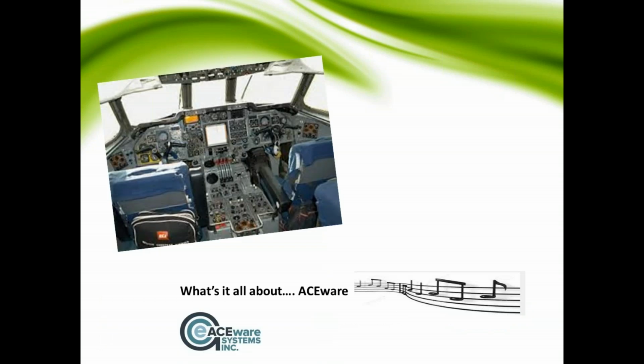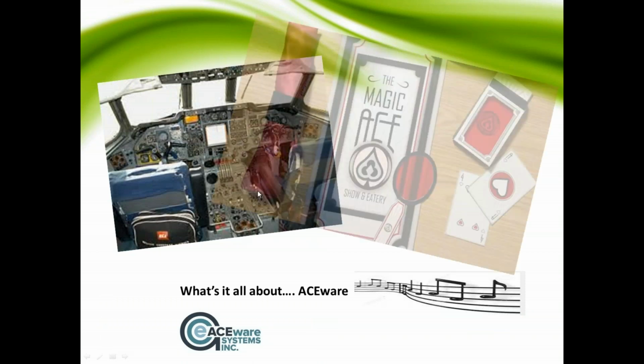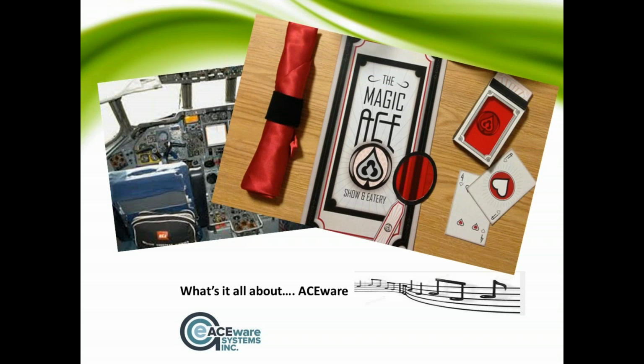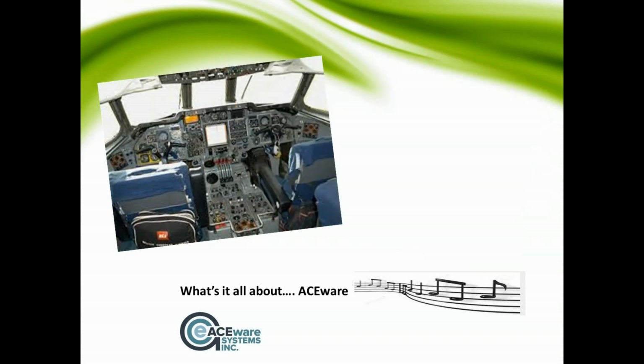So, what's it all about? Well, when you use ACEware, Student Manager, AceWeb, you've got choices, and you might look at all of those like a newbie would look at the cockpit of a plane, or going to a restaurant and ordering. Some of these are things that, like in a plane, make things go up and down.